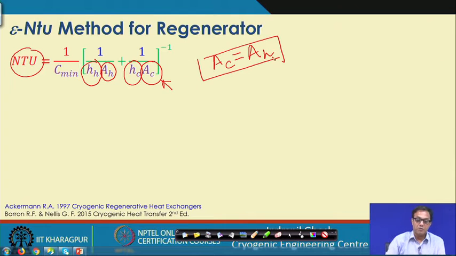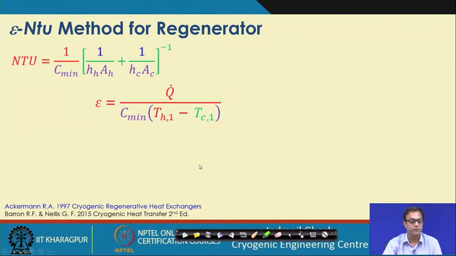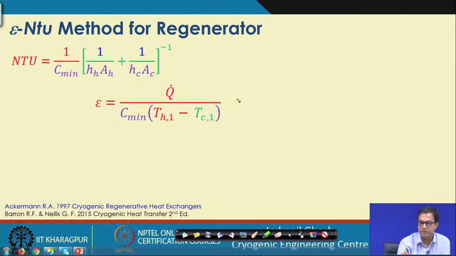So, we will mostly assume that A_C equals A_H and that equals A_W, and that is how the NTU of this regenerator is defined. We also know the other definition, quite similar to the heat exchanger effectiveness, where epsilon is equal to Q dot by Q dot max.